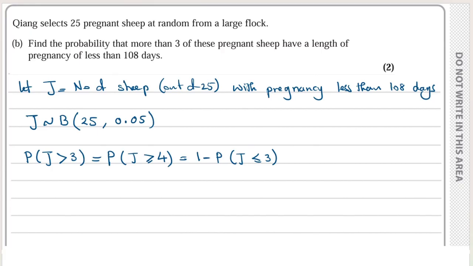So we have 1 minus 0.9659, which is equal to 0.0341 to 3 significant figures.